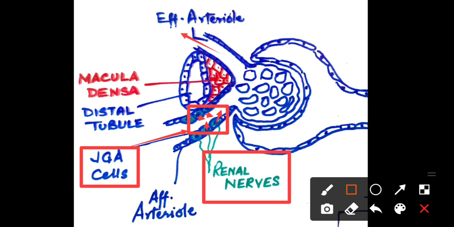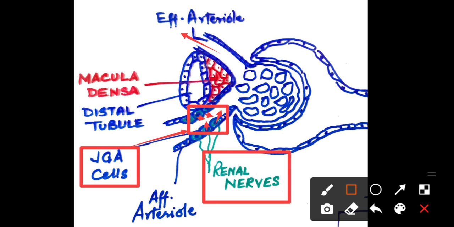The blood pressure will increase. If blood pressure is increased, the condition from which we started, a low BP, is countered, that is equilibrated. So this is the mechanism of angiotensin 2: vasoconstriction to increase the BP.